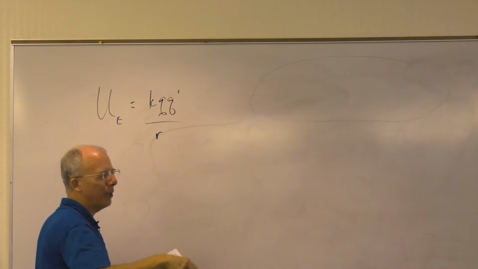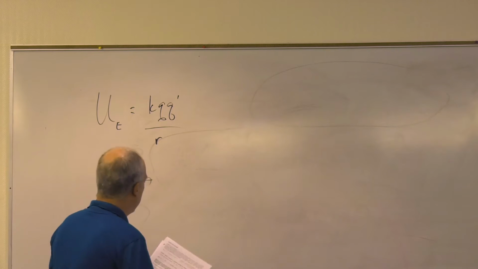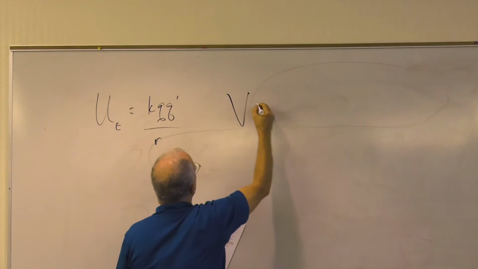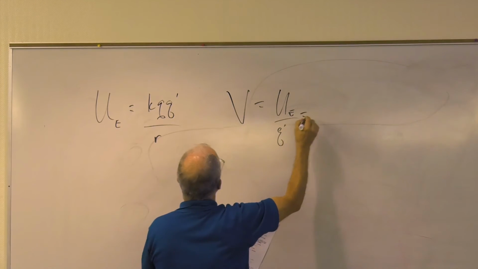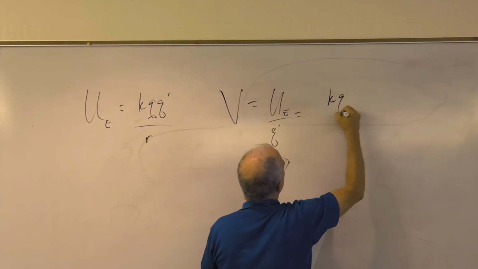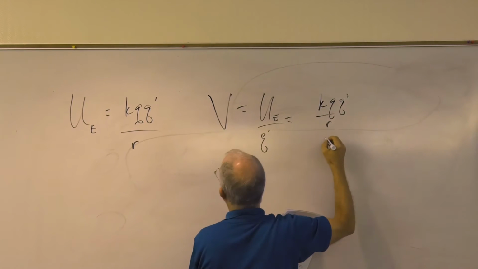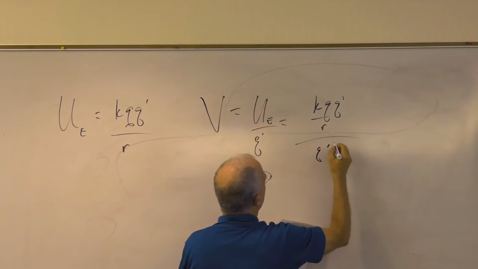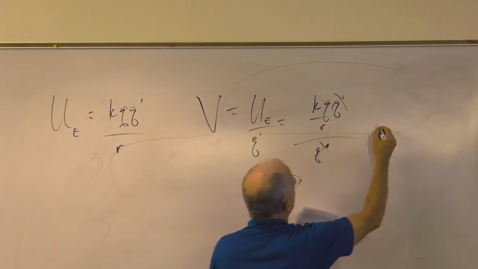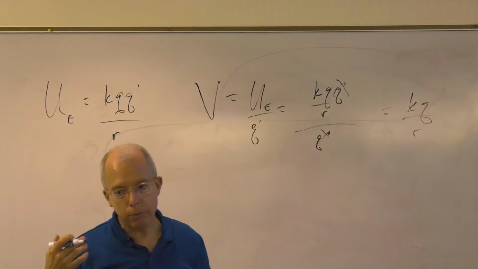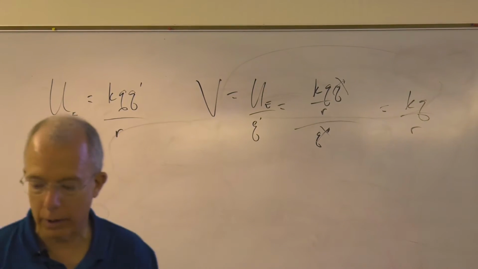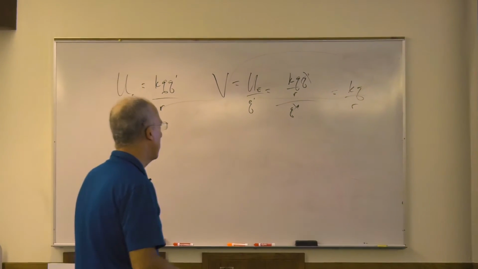I could have said Q1, Q2, whatever. Now the definition of V is U_E over the probe. So that's just kQQ' over r divided by the probe. So the probes cancel, and we just get kQ over r. So that's the voltage, or the V field, or the potential for a point charge.